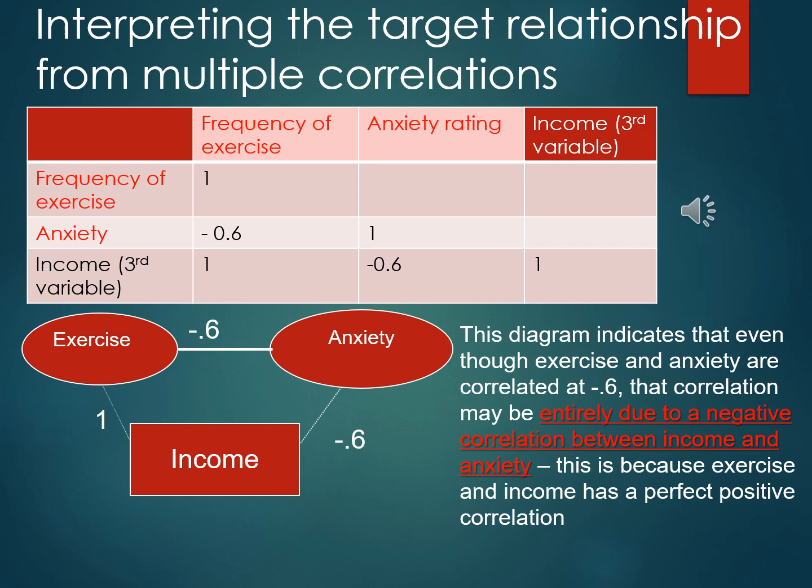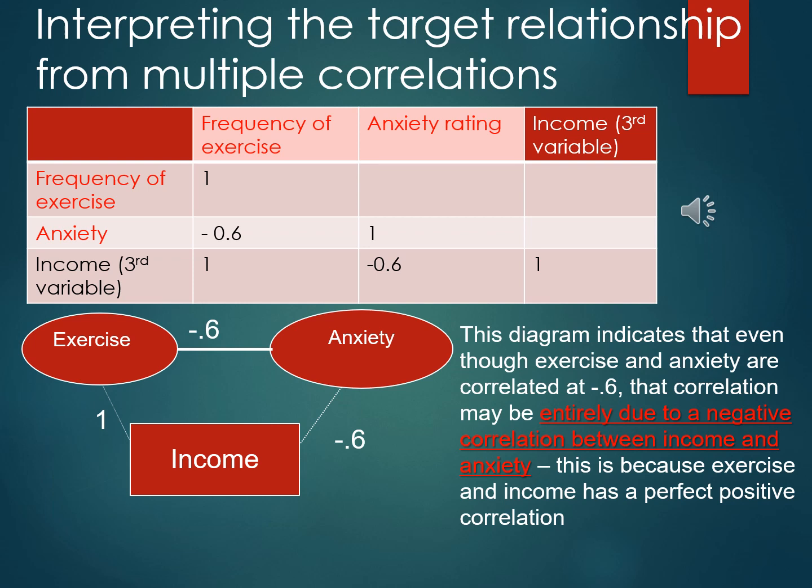In this case, exercise and anxiety are correlated at negative 0.6. Anxiety and income are negatively correlated. But exercise and income are perfectly correlated. By creating this diagram at the bottom, you have an easier time understanding the overall relation between the three variables.